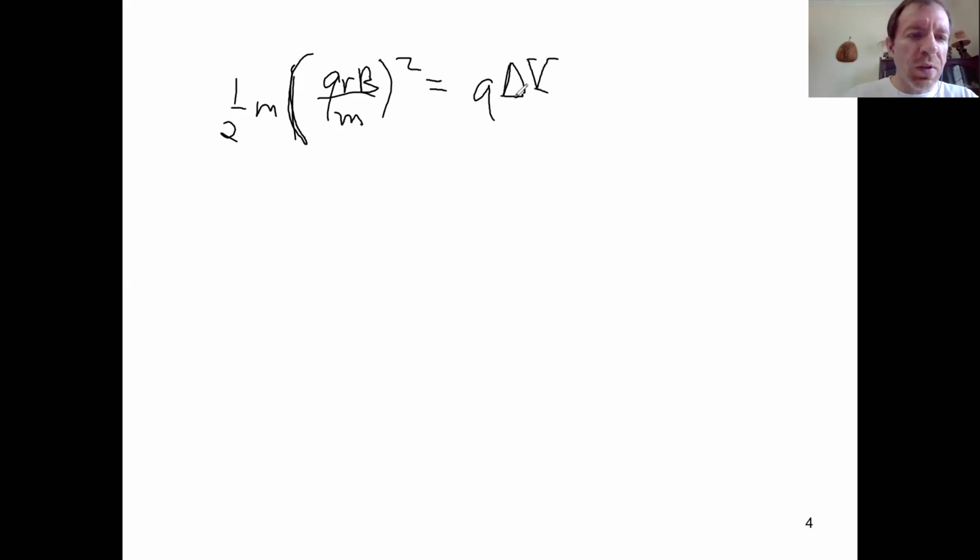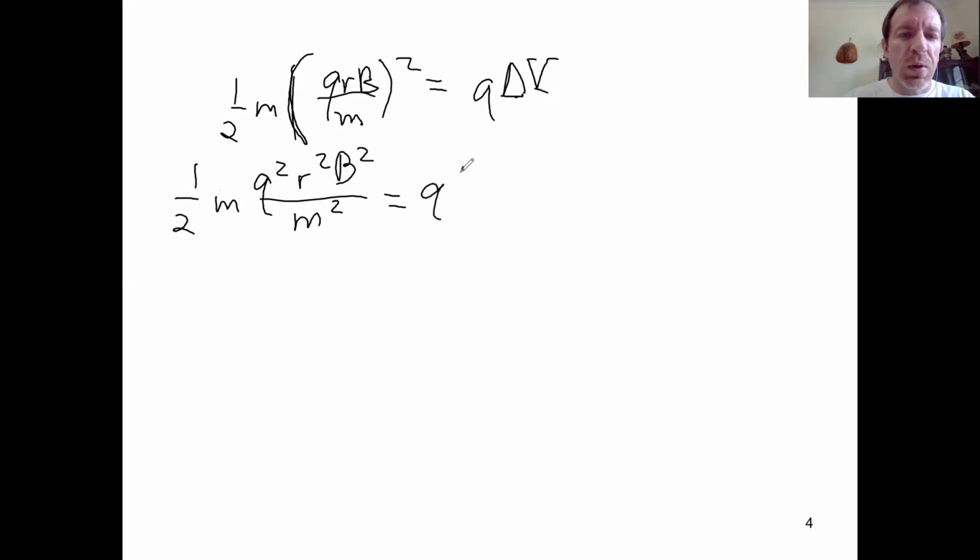All right. So let's carry out that square. I end up with Q squared R squared B squared over m squared is equal to Q delta V.